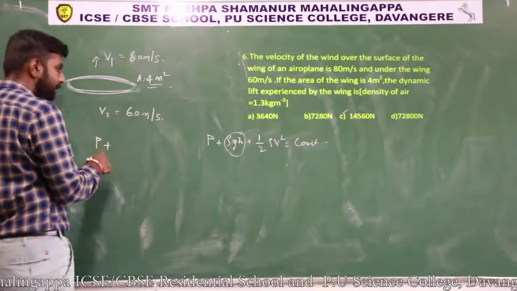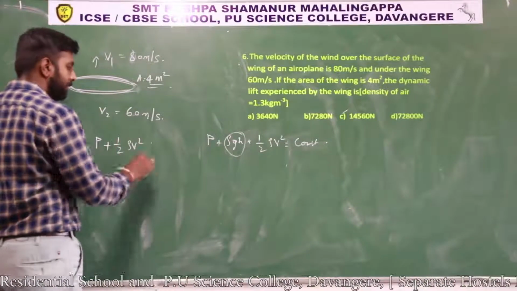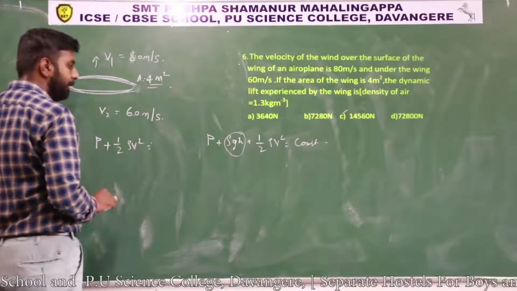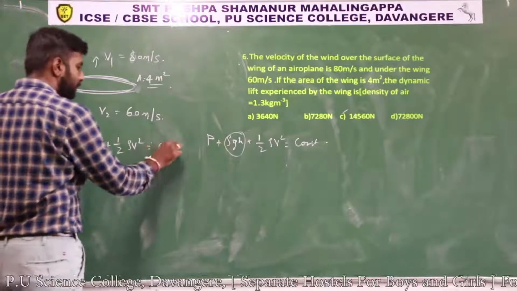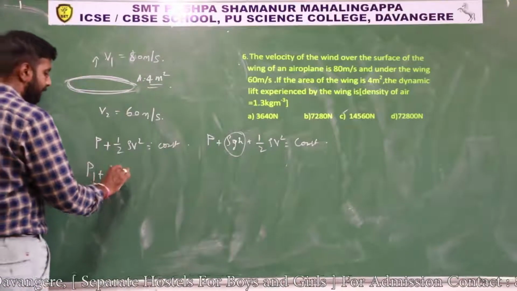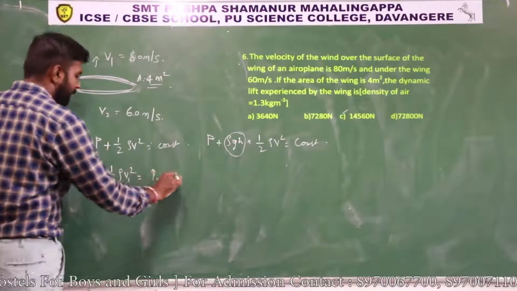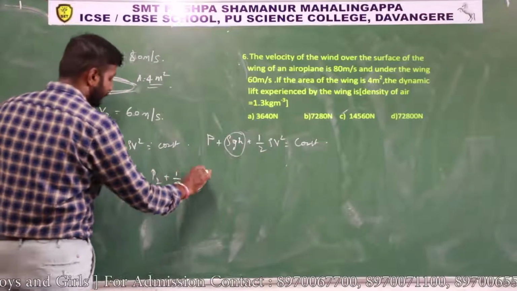Directly you can consider P plus half rho v square is equals to constant. Then you can write P1 plus half rho v1 square is equals to P2 plus half rho v2 square.